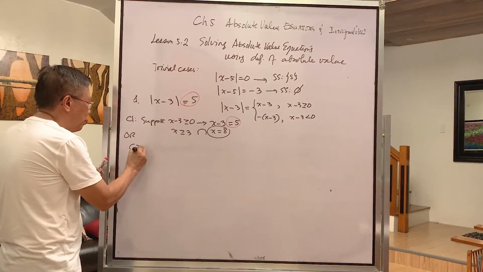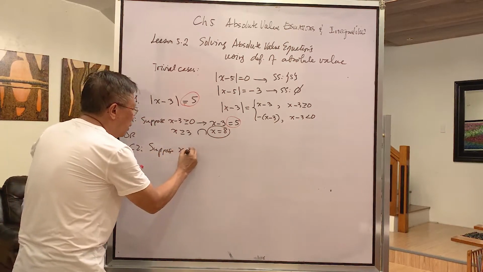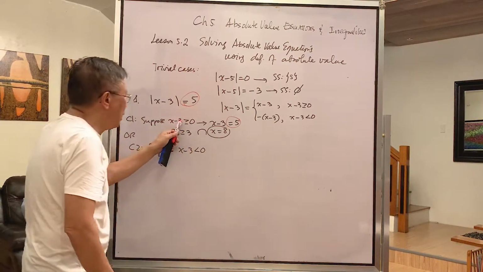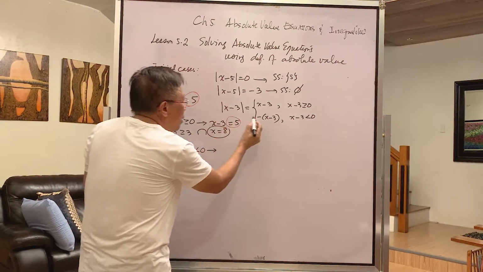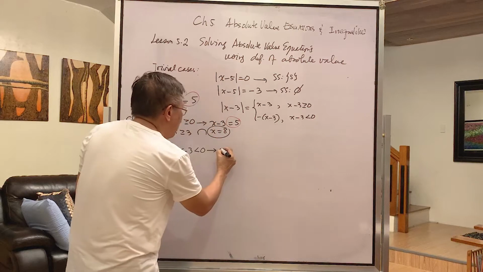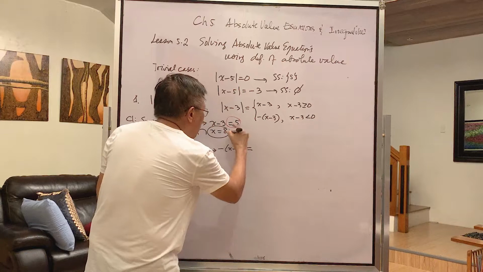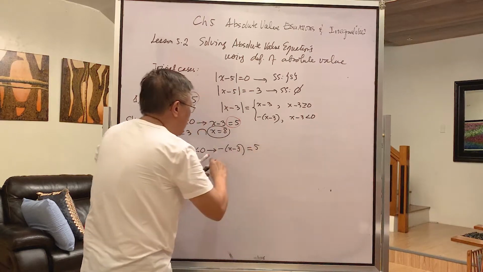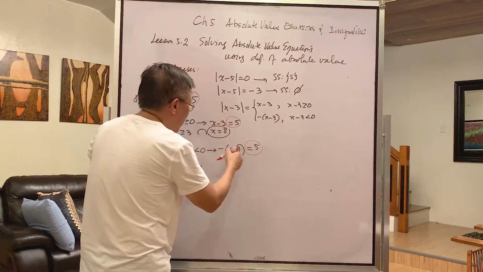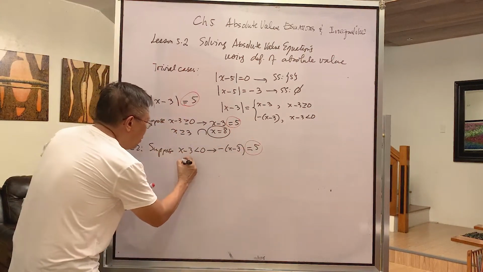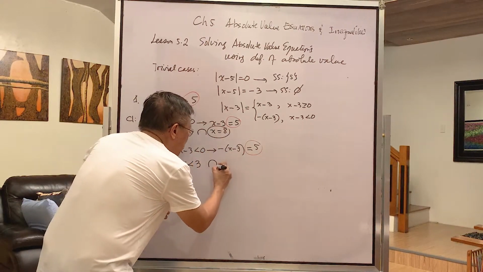Or we get case 2 here. Suppose this number is negative. If this number is negative, then its absolute value is the negative of itself. So the negative of itself equals 5. Again, this one is not touched. It's a constant there. And we will solve for this. This will be x less than 3. Intersection.